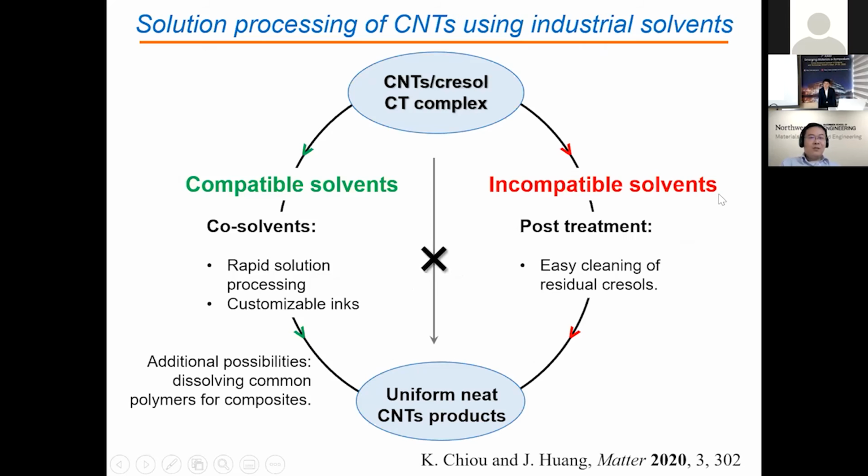To conclude, if you think about the dough for manufacturing, it becomes a high loading of this charge transfer complex between carbon nanotubes and cresol. Finally, this connects carbon nanotubes with common industrial solvents. You can use a compatible solvent for high throughput processing, and then use an incompatible solvent for rapid removal of any residual cresol if you don't want it.